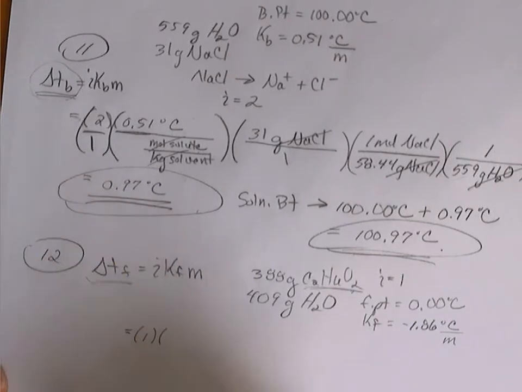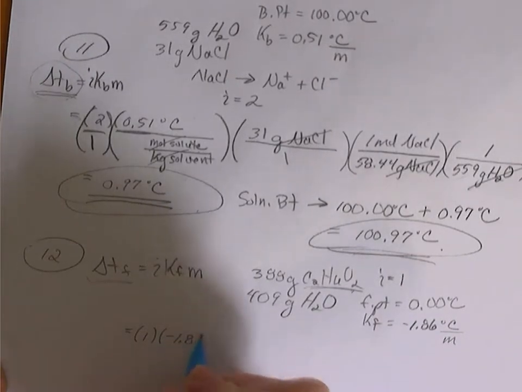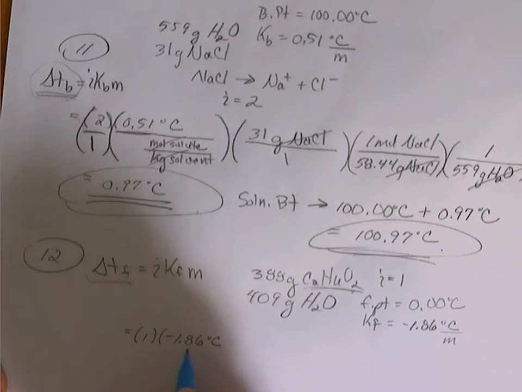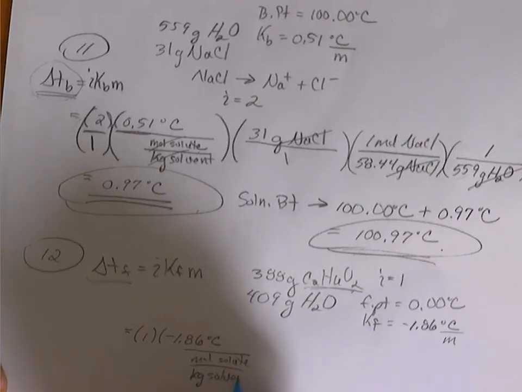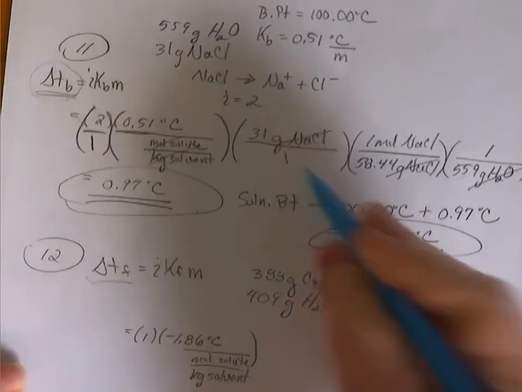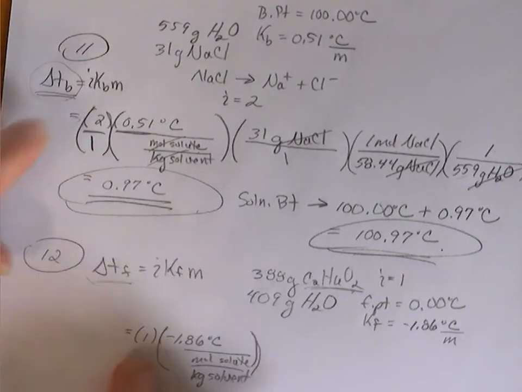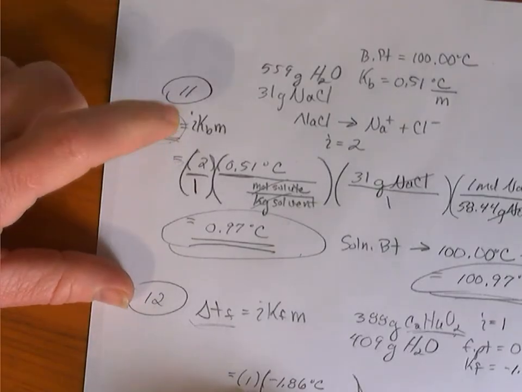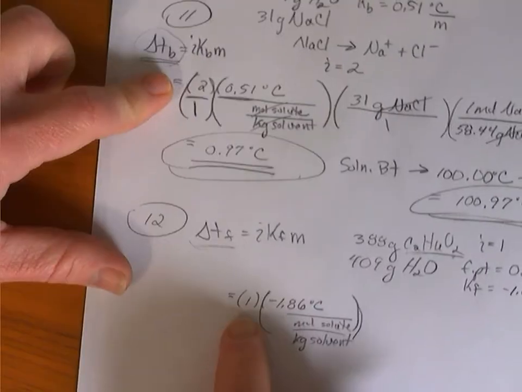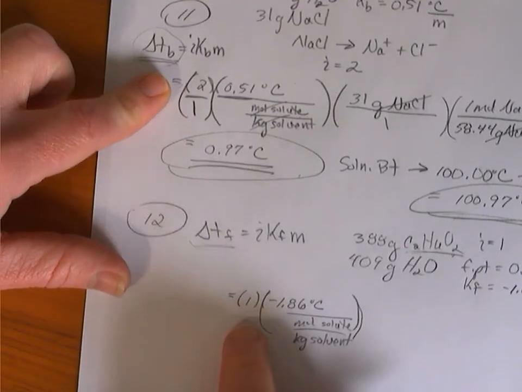Our Kf, negative 1.8 degrees Celsius per mole of solute per kilogram of solvent. And we will just set it up so similar to what we did in the previous problem. The main difference is a dissociating versus a non-dissociating or non-ionizing solute. So the rest is the same.